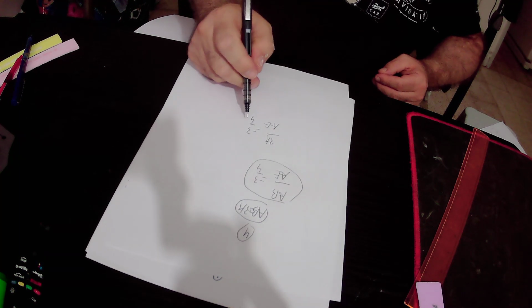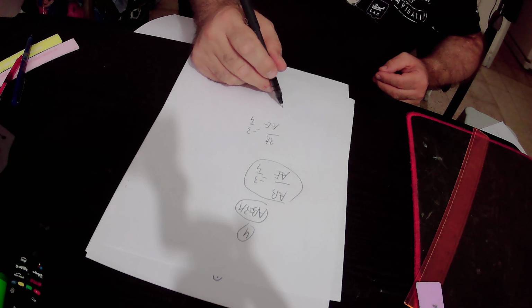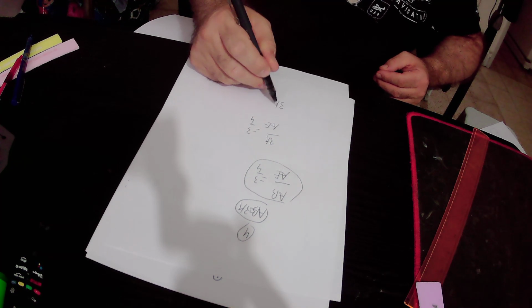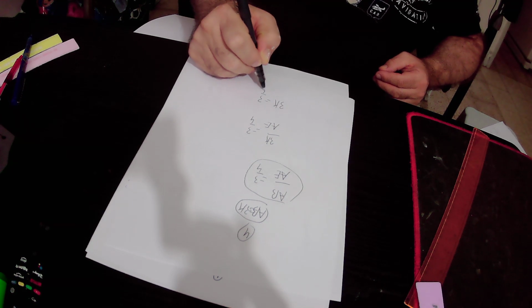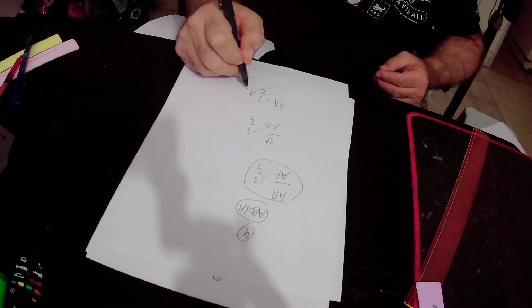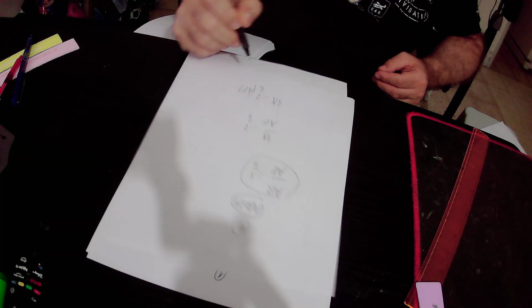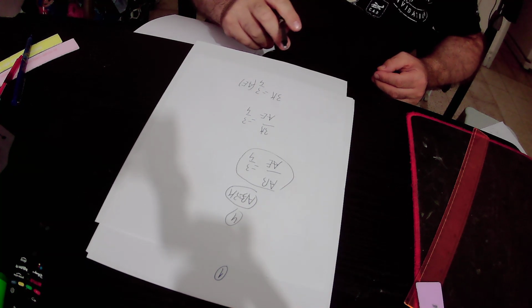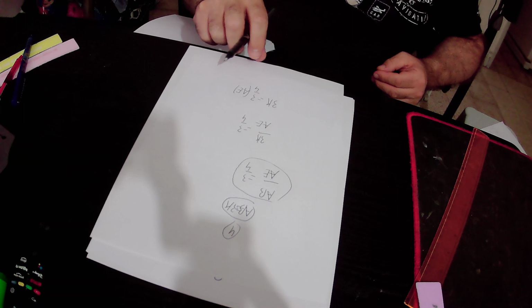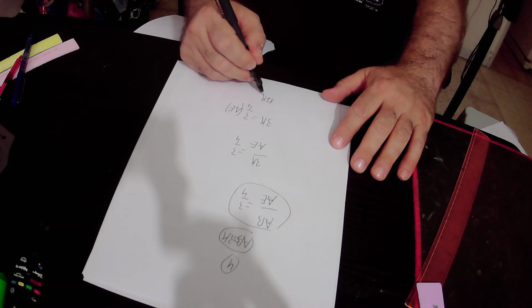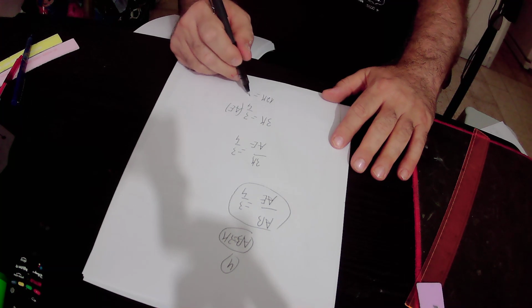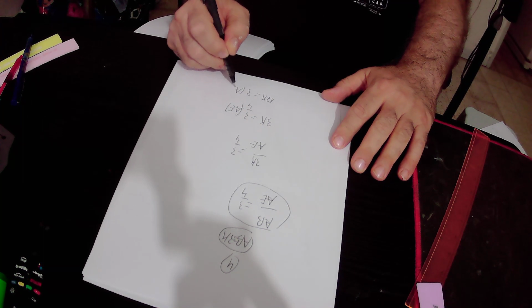Here we will multiply this equality by AE because we want to find the value of AE. So 3K equals 3 over 4 times AE. Here we will multiply this equality by 4 and we will get that 12K equals 3 times AE.